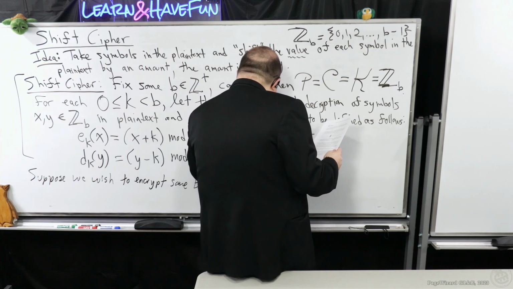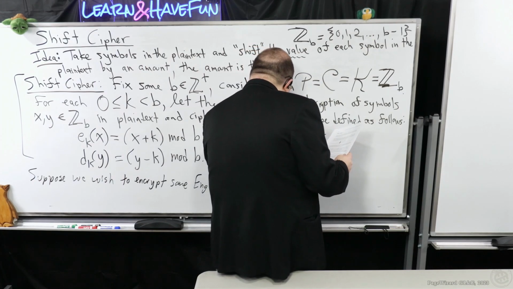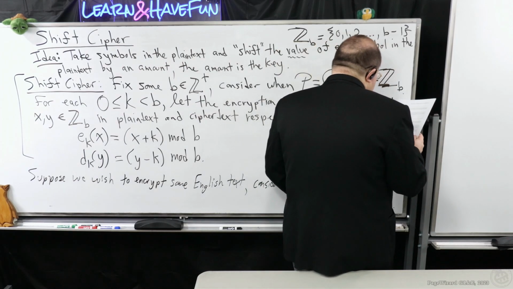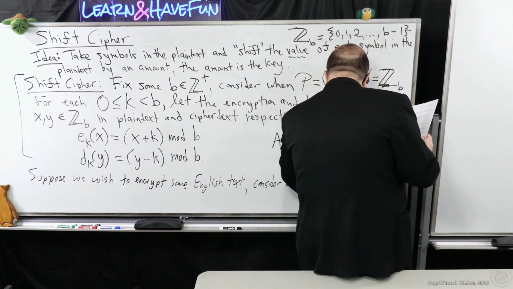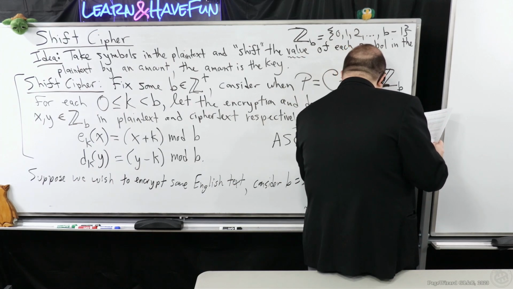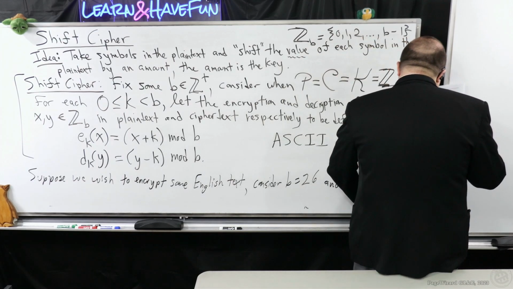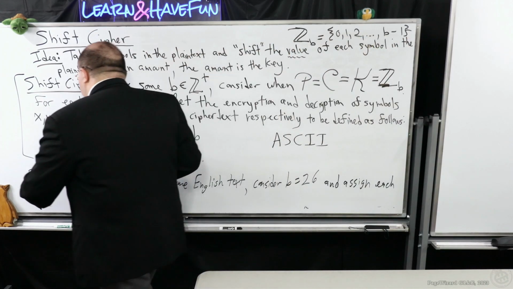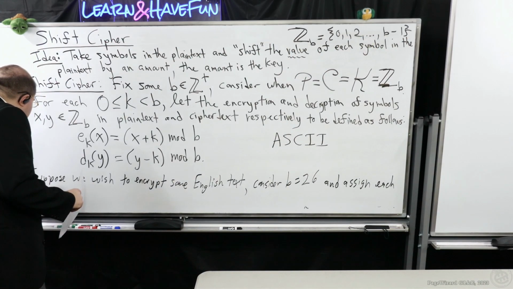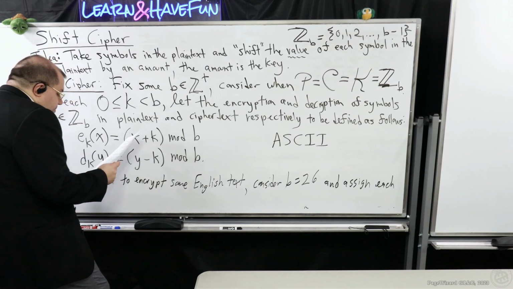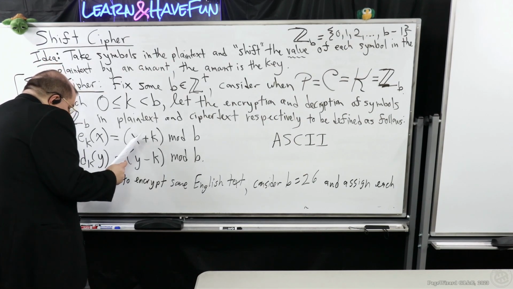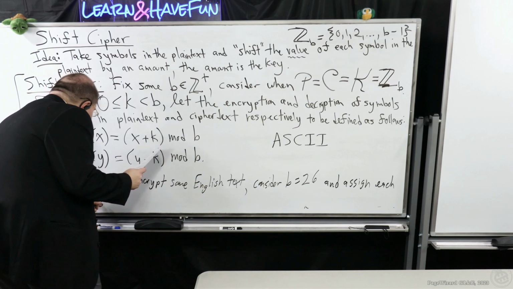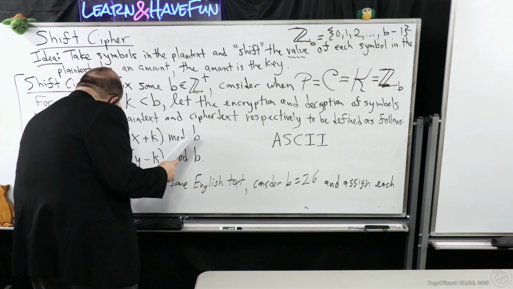We're going to consider b equal to 26 and assign each number in Z26 a letter.